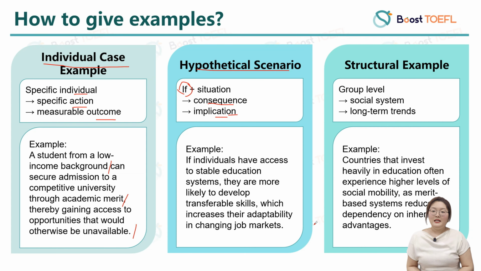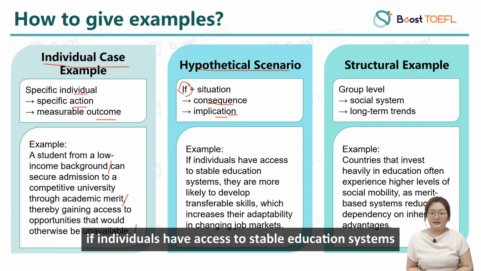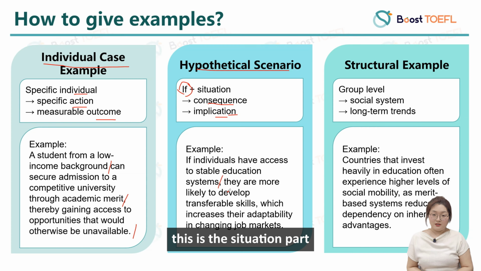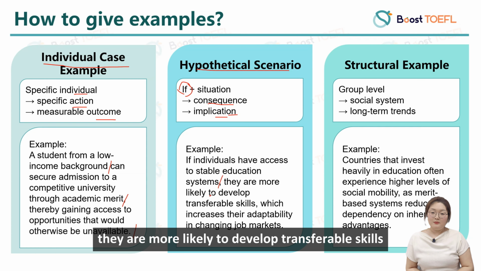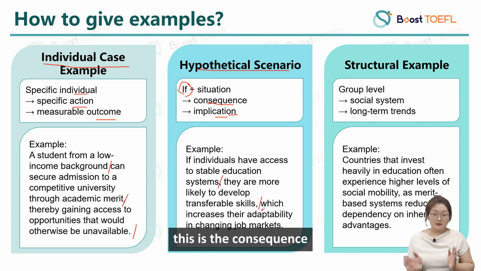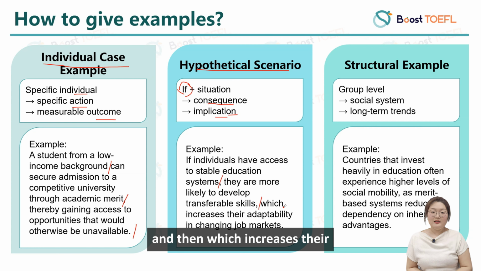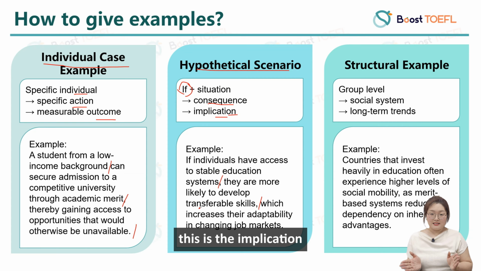For example, if individuals have access to stable education systems, this is the situation part. They are more likely to develop transferable skills. This is the consequence. And then, which increases their adaptability in changing job markets. This is the implication.